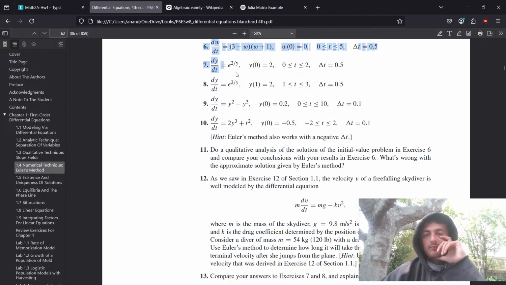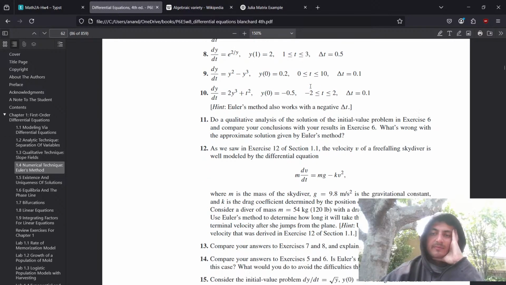What I'm guessing is that because both of these are the same autonomous differential equation, you're going to get the exact same graph. So they should be the same.